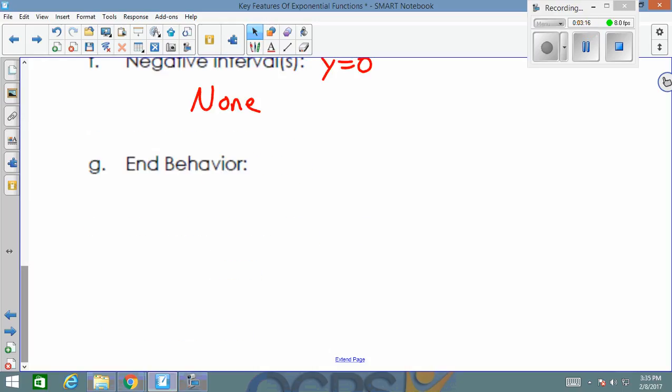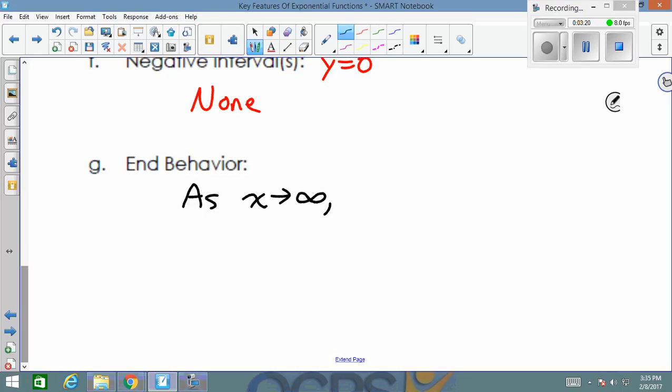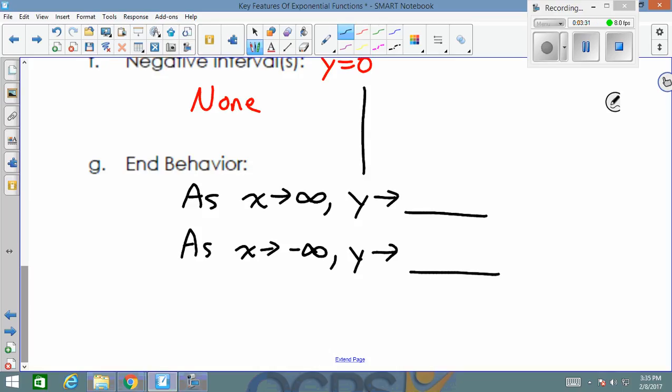And for our end behavior, remember we write it like this: as x approaches infinity, y approaches blank. And as x approaches negative infinity, y approaches blank. So let me sketch the graph again real fast. Here's the graph.